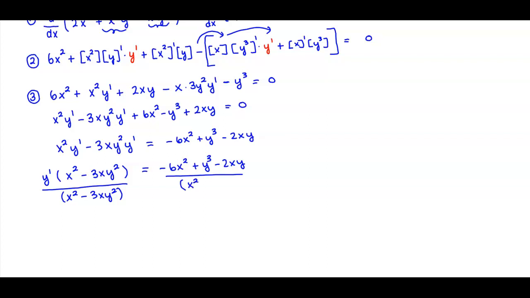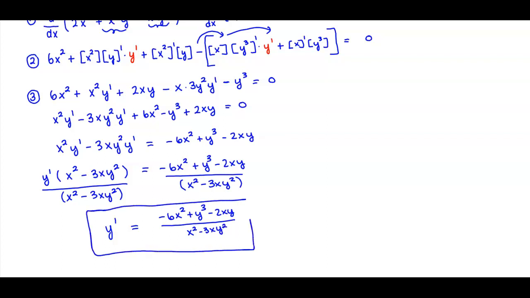So y prime is going to equal negative 6x squared plus y cubed minus 2xy divided by x squared minus 3xy squared. And therefore that is the derivative using implicit differentiation.